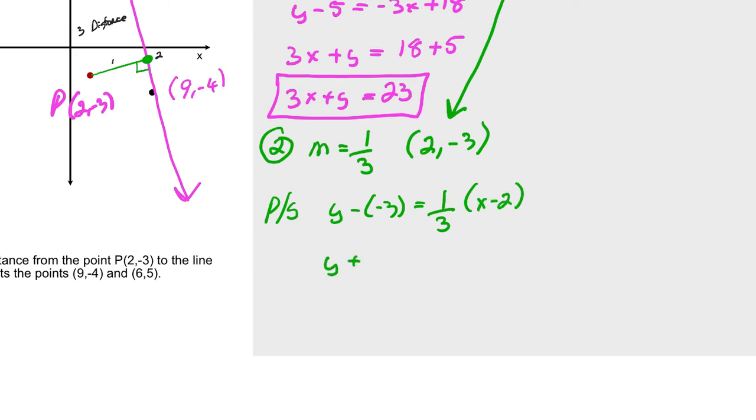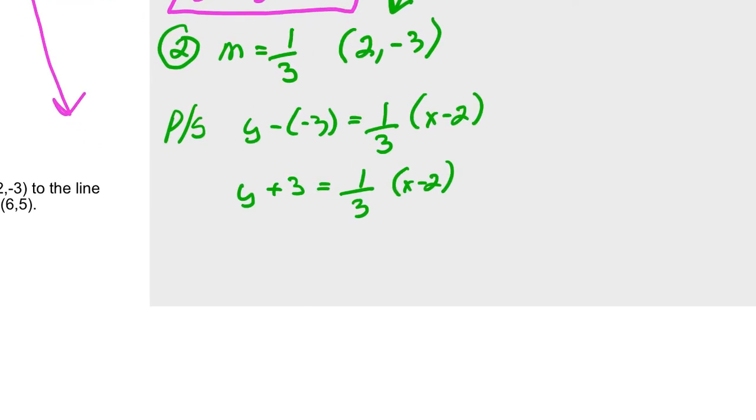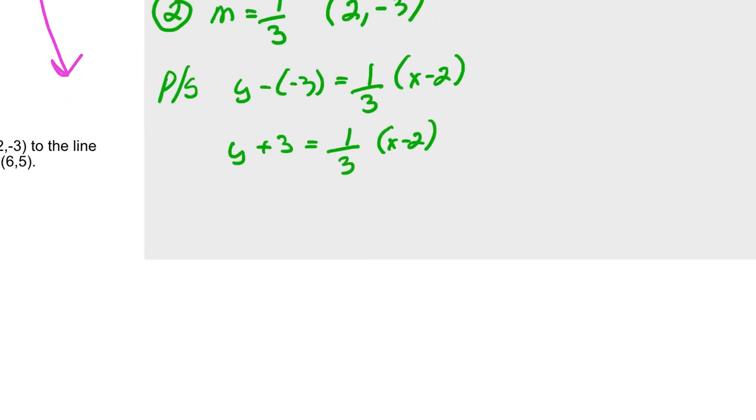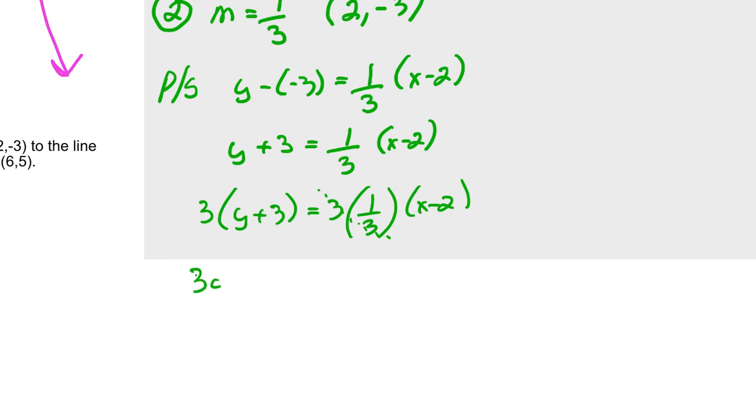Tidy up the left-hand side, the double negative becomes a positive, and the right-hand side remains the same. I'm going to clear my fraction by multiplying both sides by 3. These 3's will cancel each other out and become 1. I'll expand the left, 3y plus 9.